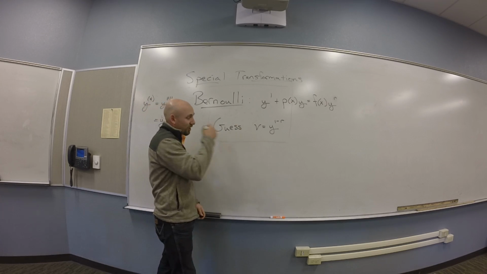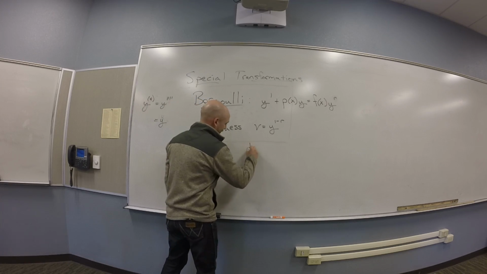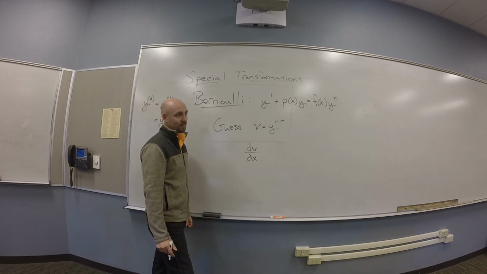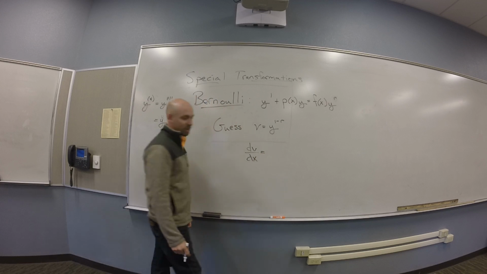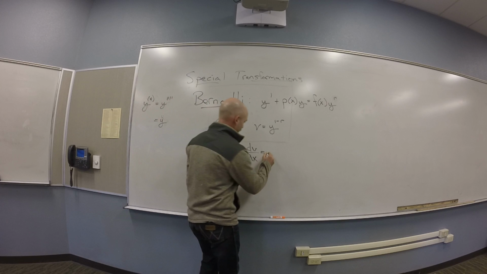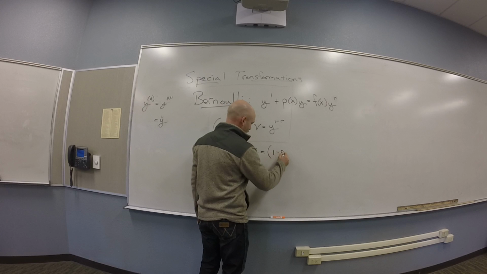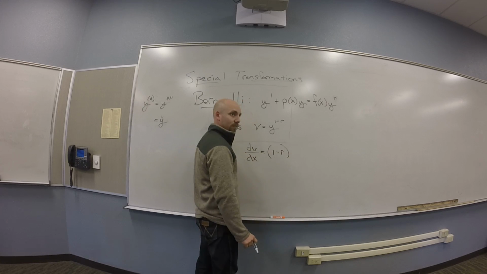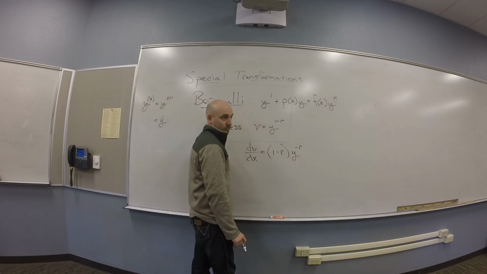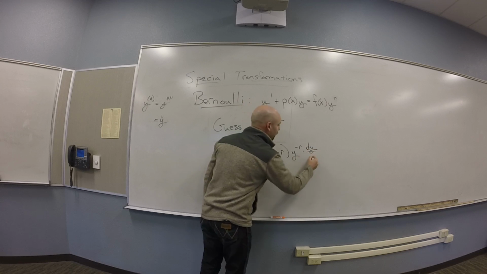So what's the next thing I should calculate here? It seems like dv dx should be a good idea. V prime should be what? 1 minus r, and then y to the minus r, times the derivative of the inside, y prime, dy dx.